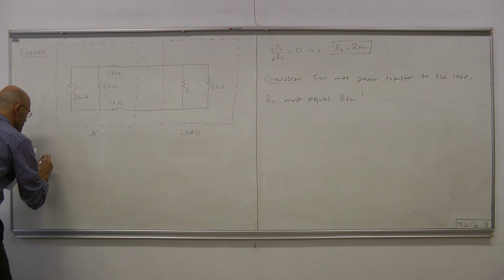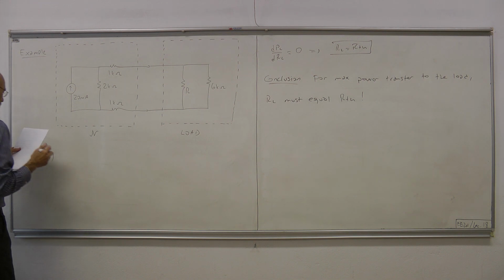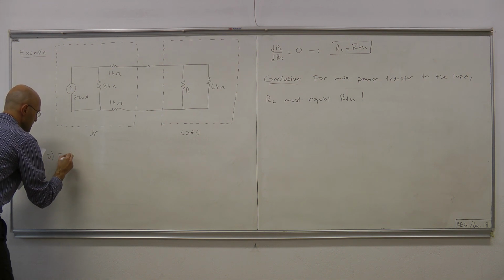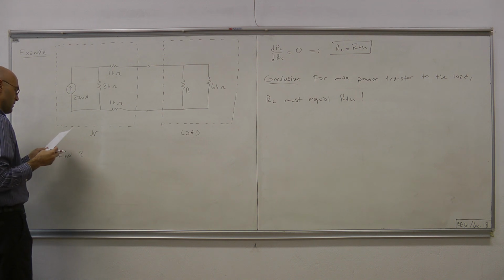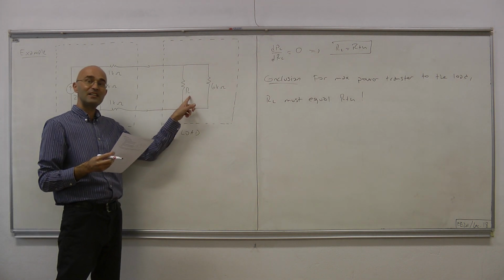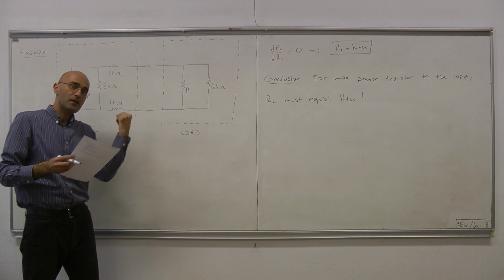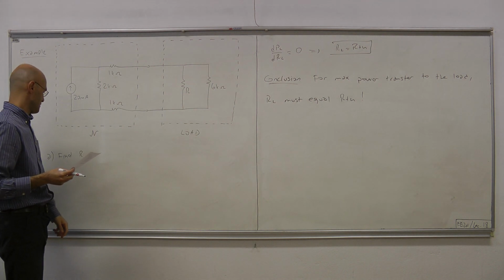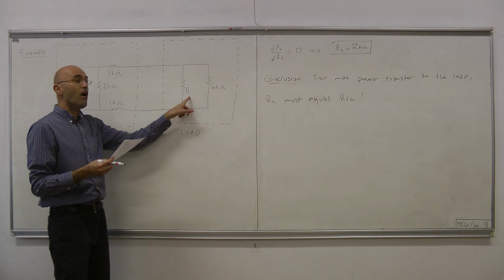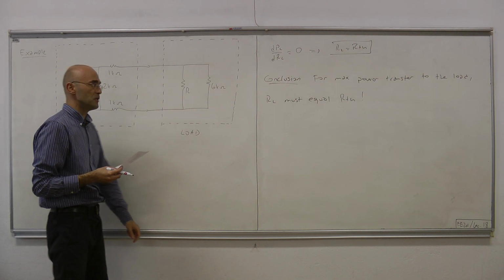Now, for this situation, find R. Note that R is not directly the load resistance. R in parallel with 6 together is the load resistance. But it's only R that we can play with as a design parameter.